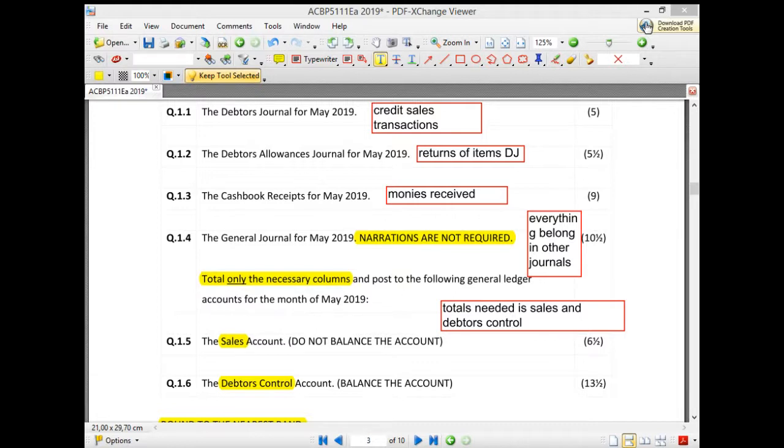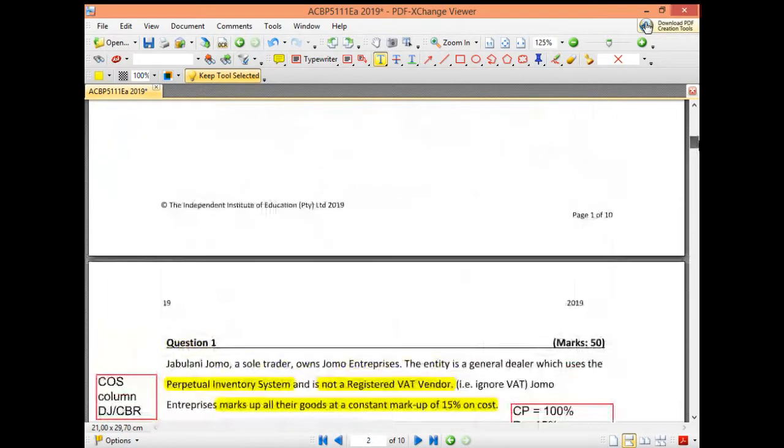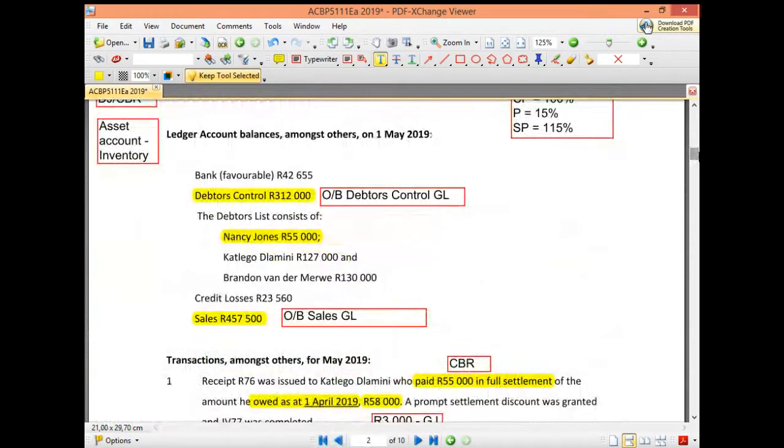So we said the first thing we do is we capture the opening balances which were given to us in the question. So the opening balances were right here in the beginning. We said debtors control was 312,000. Now debtors control, which side would the opening balance be?